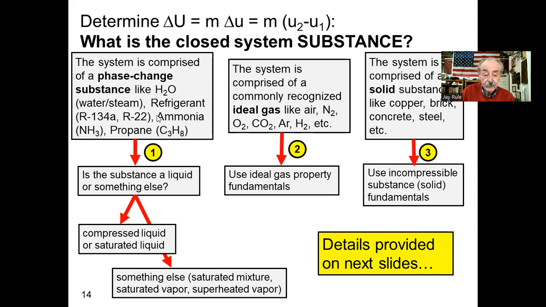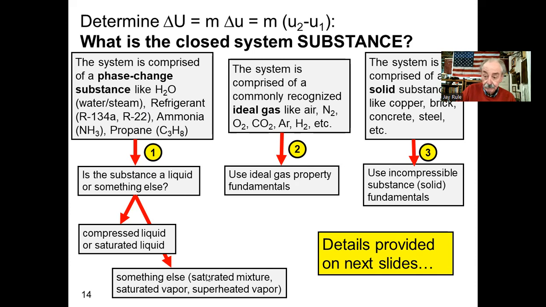Okay, let's continue the decision tree. So you say, I recognize in my word problem that's a phase change substance. I'll write that down. Closed system, phase change substance. Is the substance a liquid or is it something else? Now you've got to make a decision here of it's either a compressed liquid or a saturated liquid. More on that in a minute. Or something else.